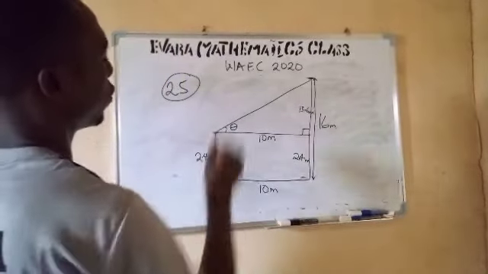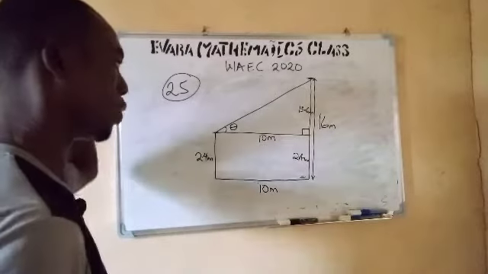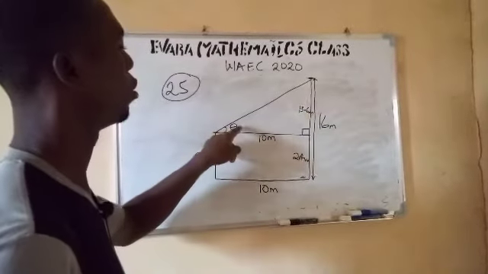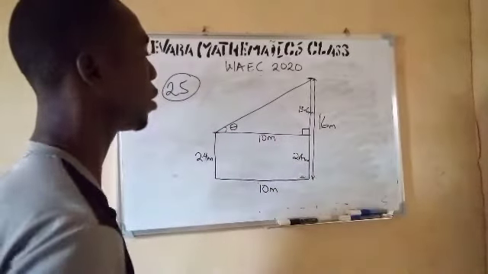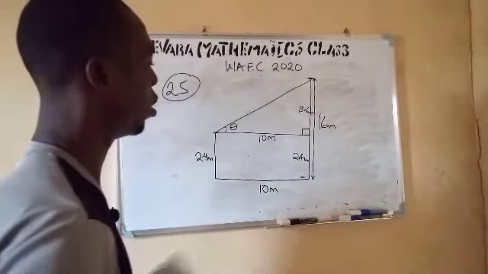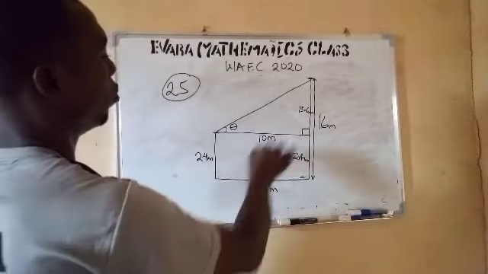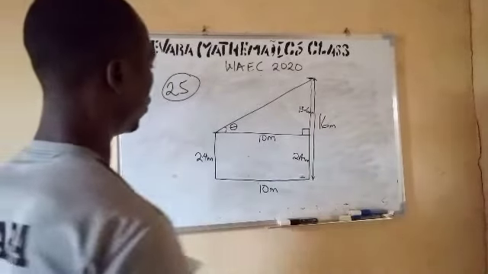So for us to get this angle now, we can see that this side is opposite to this angle and this is the adjacent. So that means we are going to use tangent of this angle, opposite over adjacent.